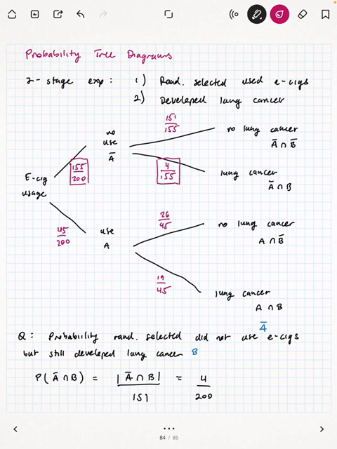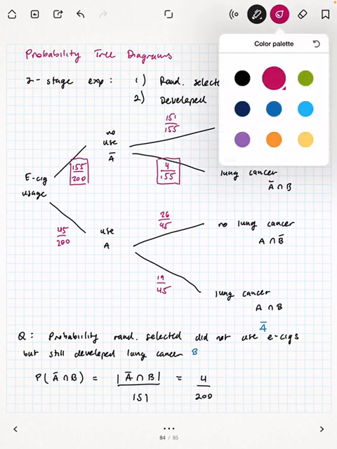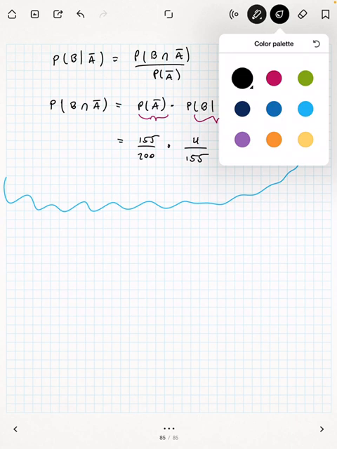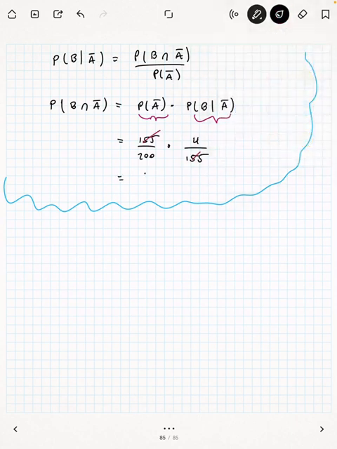In other words, our answer can be found as well as 155 over 200 times 4 over 155. These cancel out. And again, we get 4 over 200. So this is the same result.